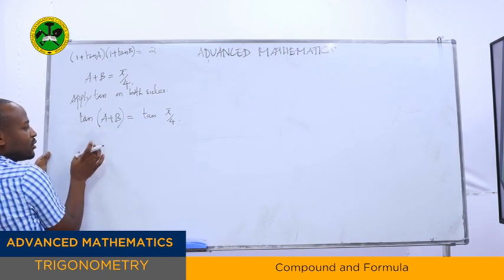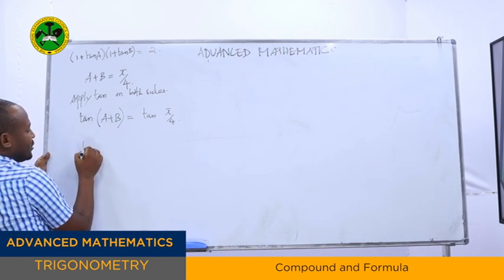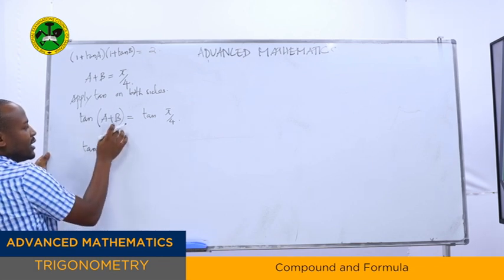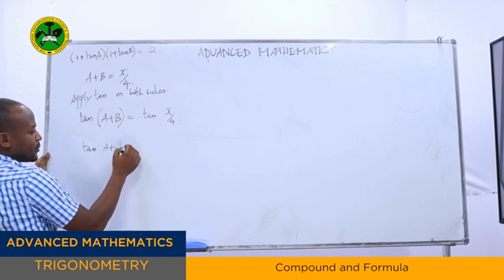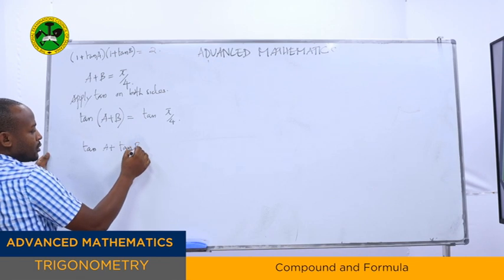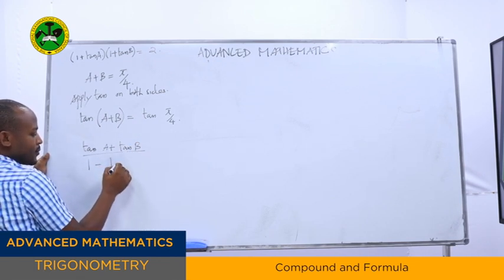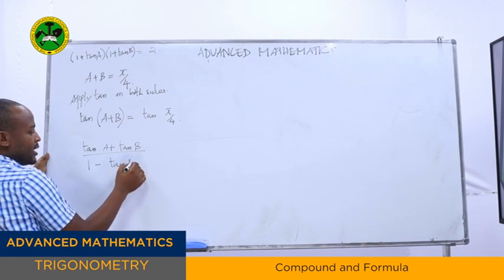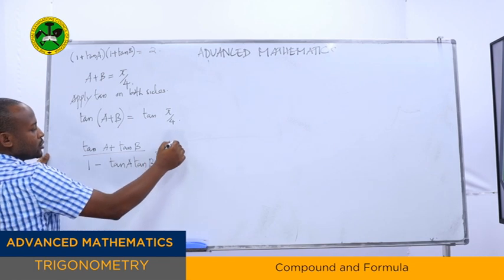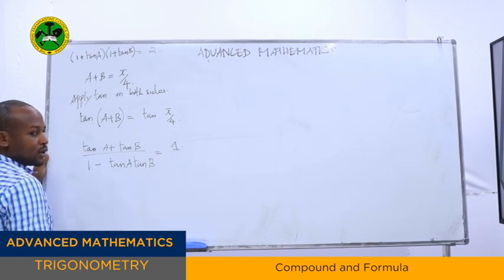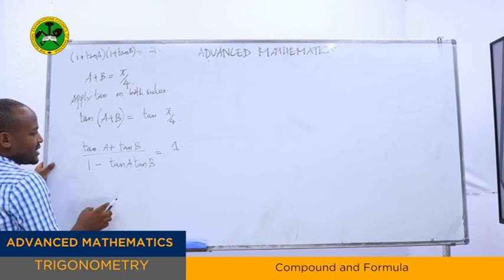And this we know from the compound angle formulas is that tan of a plus b is equal to tan of a plus tan of b over 1 minus tan a tan b equals to 1. So if that is the case, then what next?